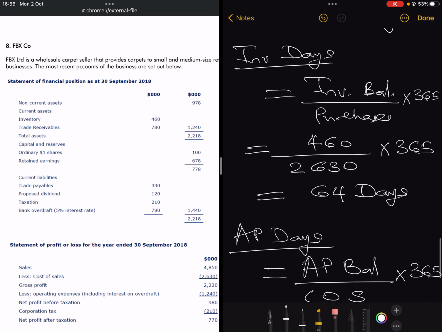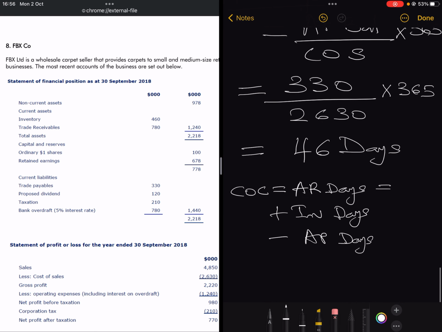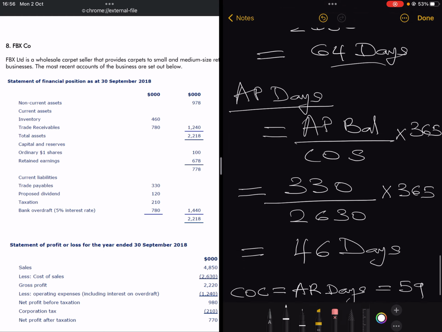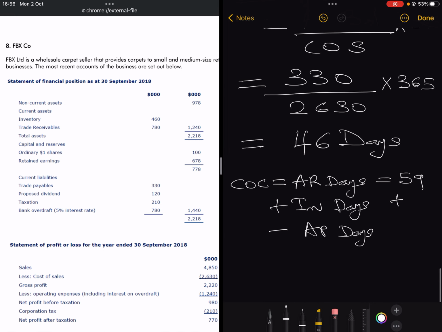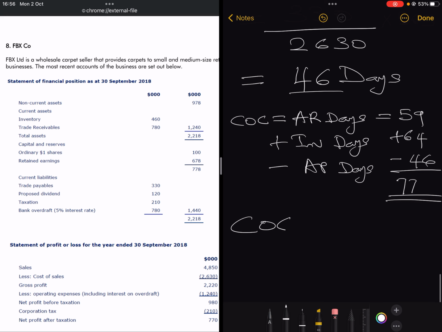Our account receivable days is 59 days plus inventory days, which is 64 days, and AP days is 46 days, and that will give us 77 days. So for this question B, the cash operating cycle equals 77 days.